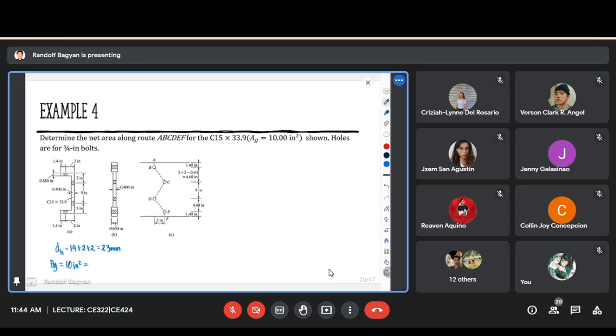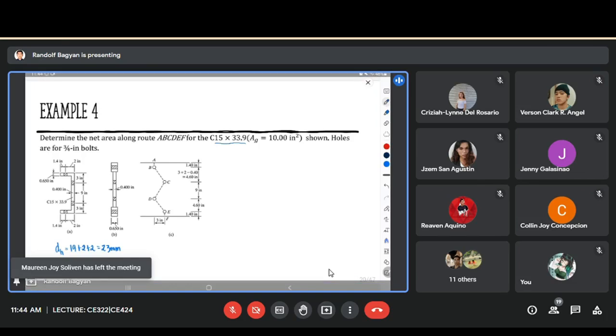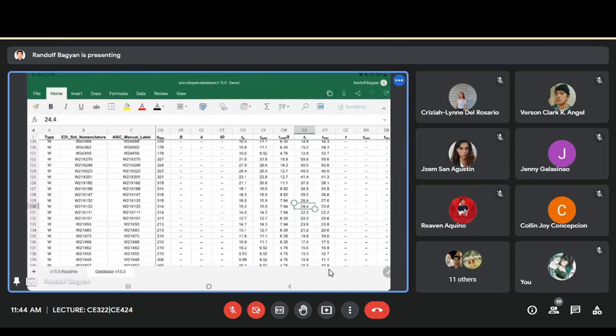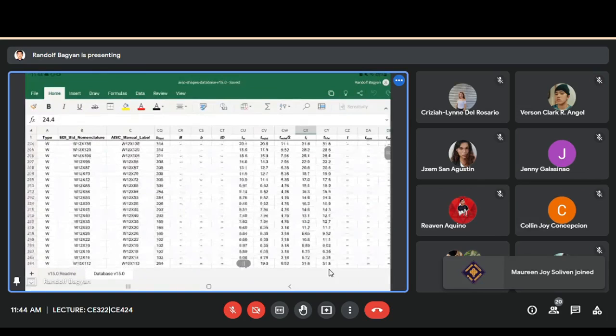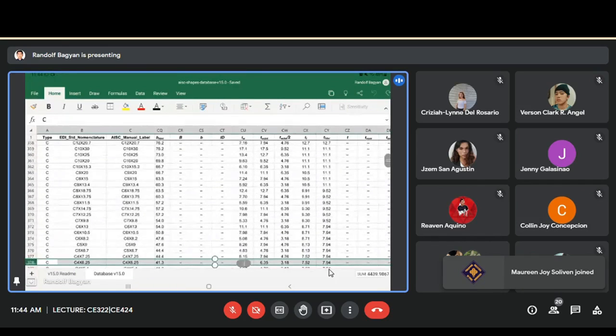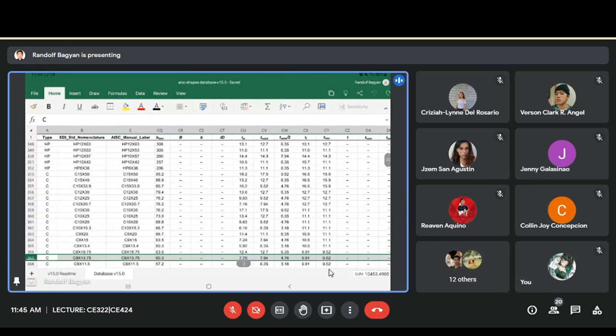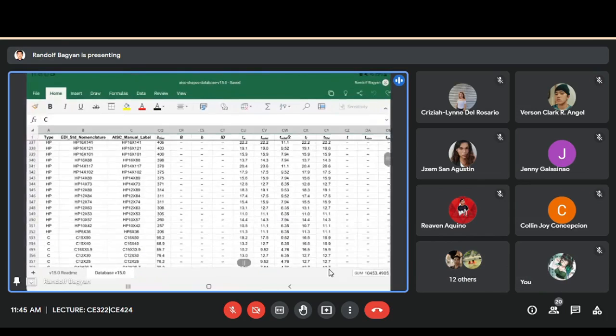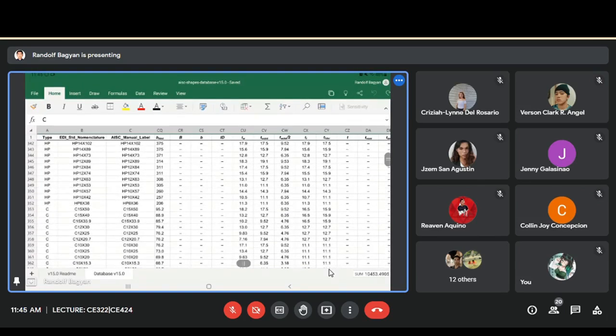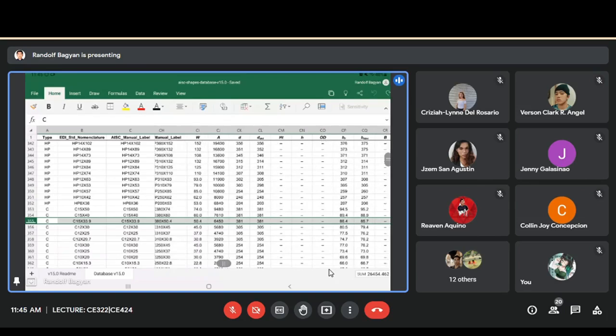If you look at the section database, parehas lang din yan. C15 by 33.9. Makikita mo din yung C section. Ngayon, C15 by 33.9 at yung kanyang area ay nandito.